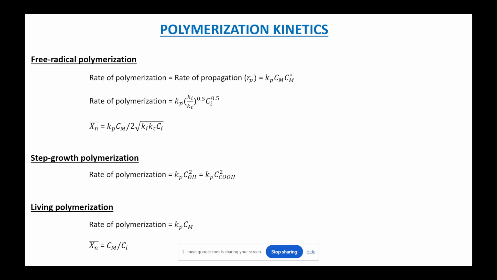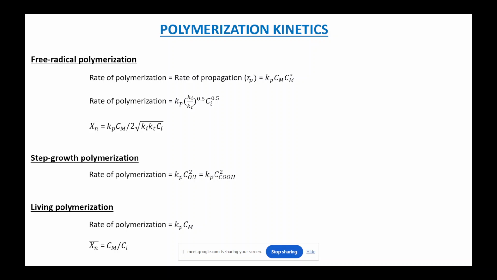In free radical polymerization, we have three different steps. The first is initiation, the second is propagation, and the third is termination. Since we are going to discuss kinetics, the very first thing that strikes our mind when we speak about the kinetics of a system is the rate at which that reaction is going to happen.